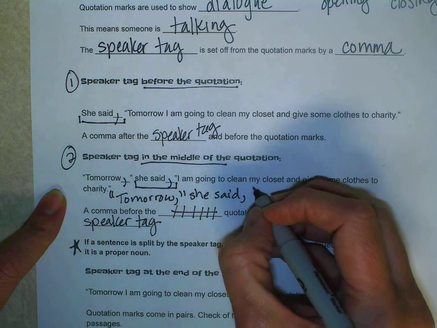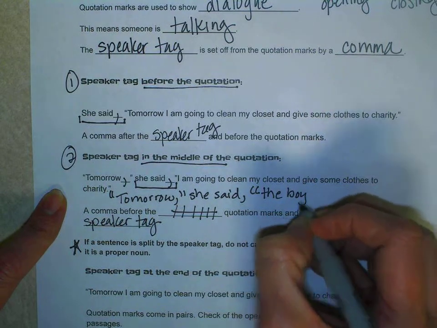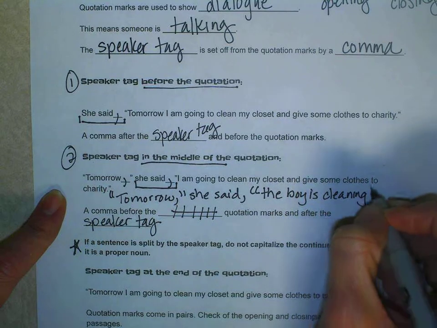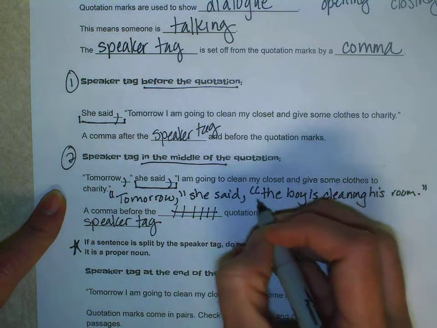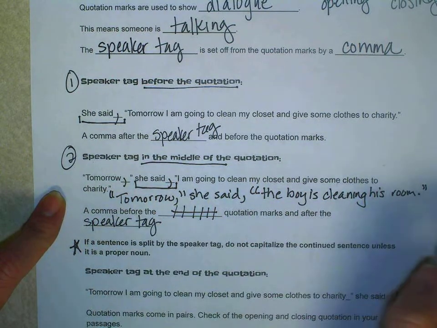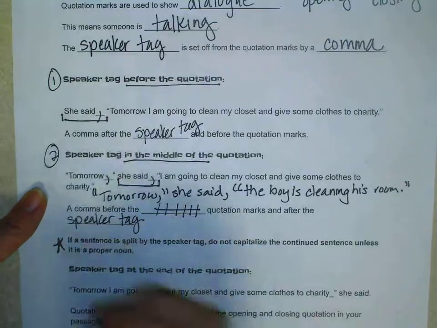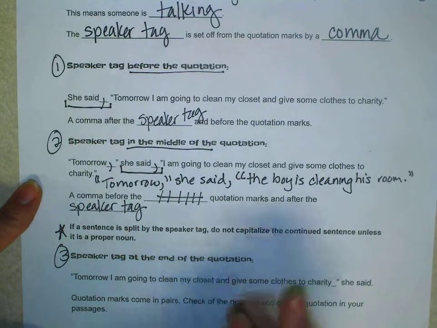She said, "the boy is cleaning his room." I don't capitalize this because it's just tomorrow the boy is cleaning his room. Period, quotation marks. Okay? And lastly, the speaker tag at the end of the quotation.